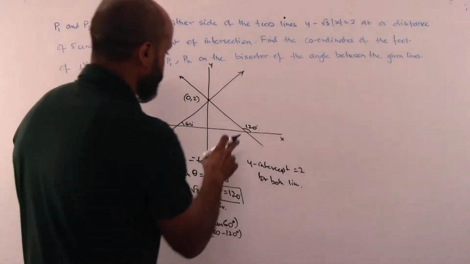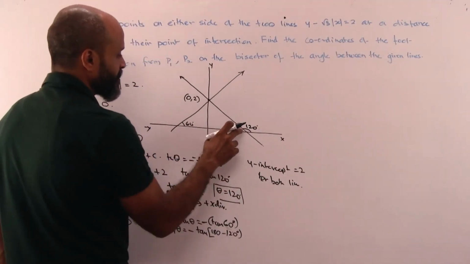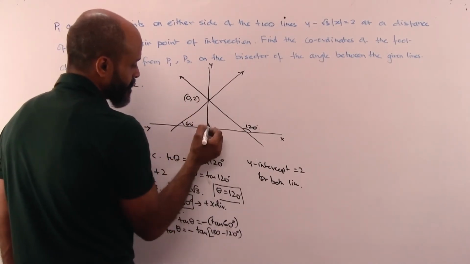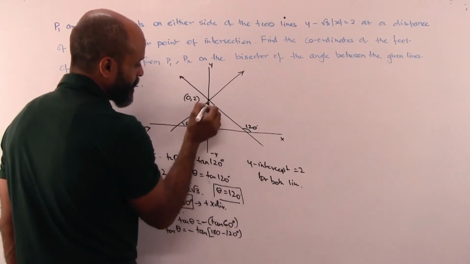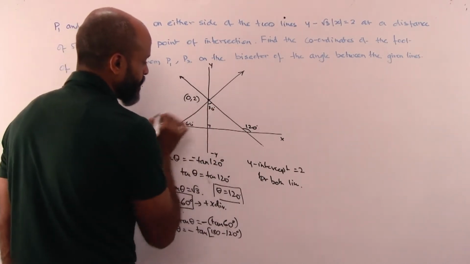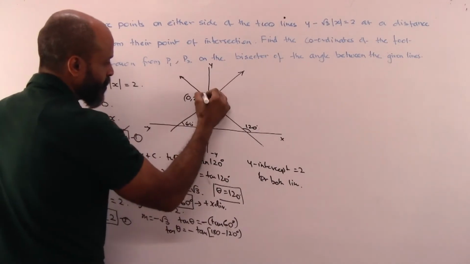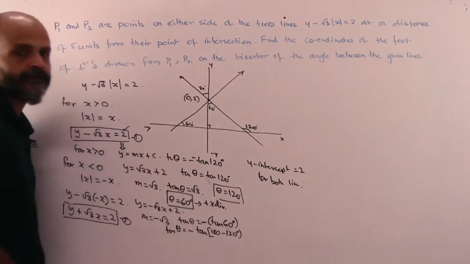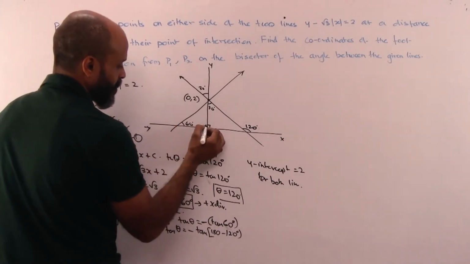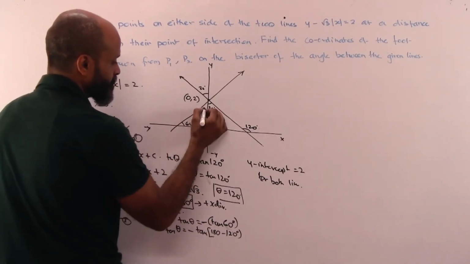Now let's look at this. If this is 120, what will be the value of this? See, this is 90. If this is 120, this will be 90 plus 30, so this will be 30. If this is 30, being vertically opposite angles, this will be 30. Same here. If this is 60, this is 90 and this will be 30.